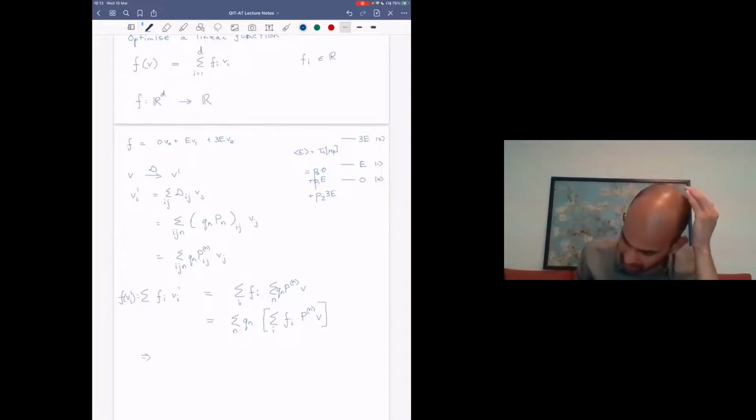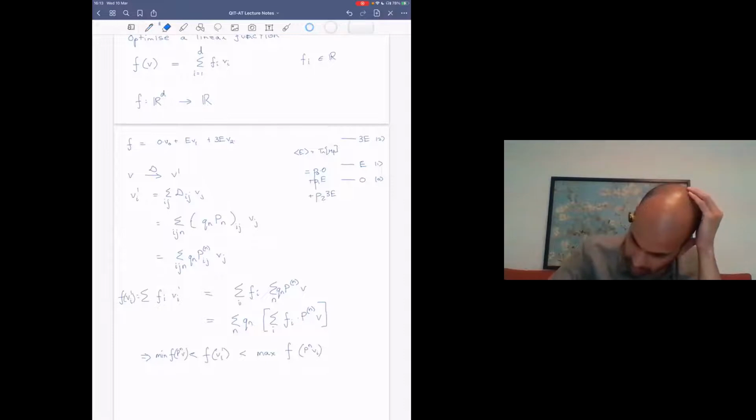It follows then that f of v prime is going to be less than the max of f of P_n times v, and greater than the min of f of P_n times v.